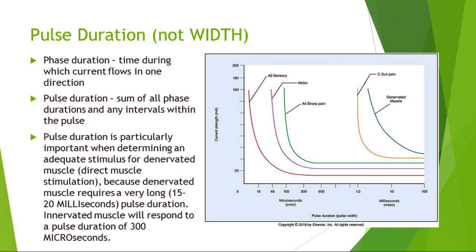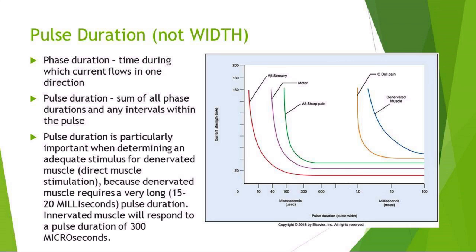So if you look at these lower pulse durations, we're going to stimulate the A-beta sensory nerves. Okay? And remember when we talked about pain, those A-beta nerves are important with a gating effect to block those pain sensations at the spinal cord level.